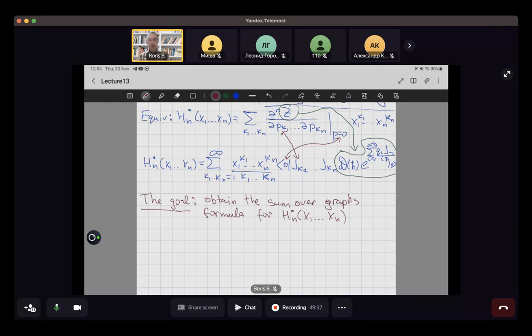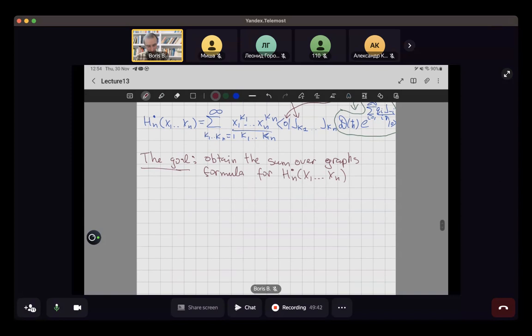This is the goal. And how will we proceed? You see, now H, if you forget about this prefactor, we have this correlator, but we have this expression: this vacuum and co-vacuum, and there are some J operators, this D, and again this sum.